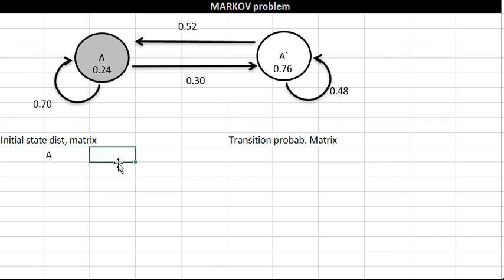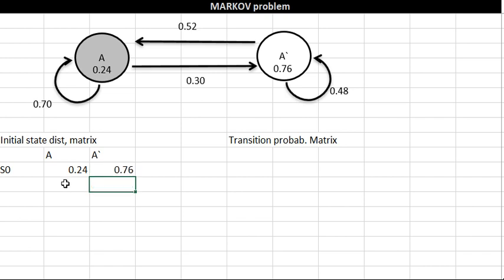If we consider A and A prime, our S0 or our state at 0 is initially 0.24 ang bumibili sa atin, and 0.76 ang hindi bumibili sa atin.